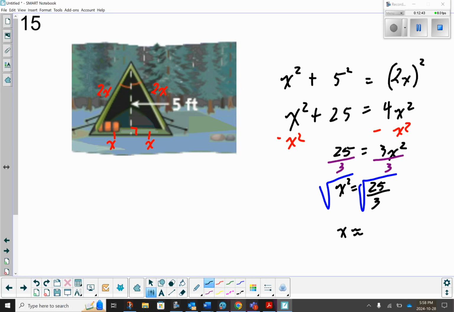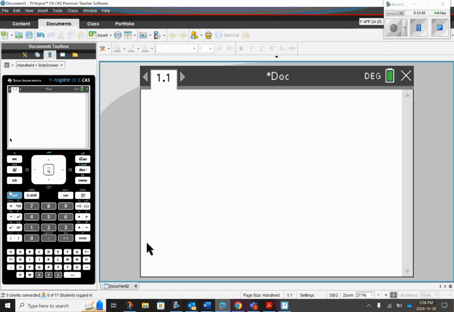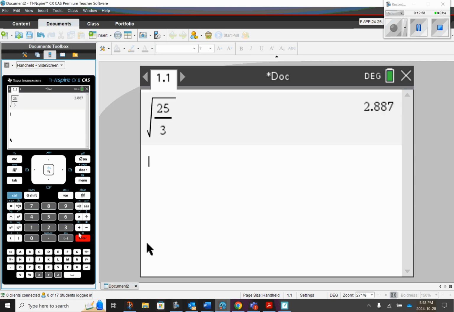All right, so if we take our lovely calculators here, and we tell it square root of 25 divided by 3, and we just force the decimal approximation by hitting Control first and then Enter. And I'm sorry, I have my calculator set up for the pre-calculus classes, where we always go to 3 decimal places on the AP exam.